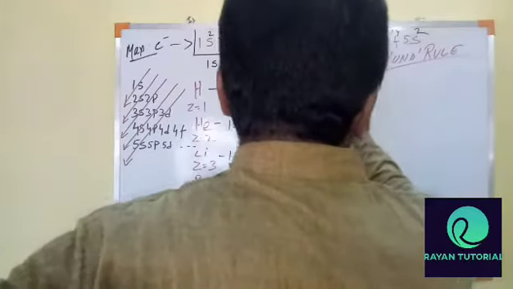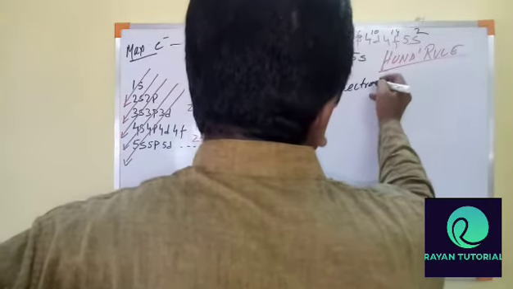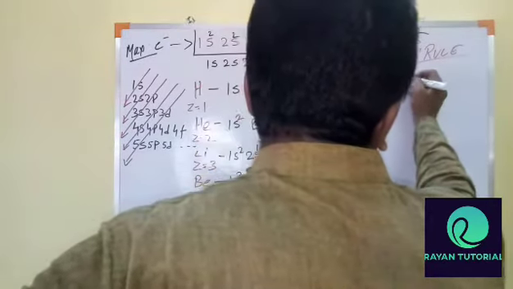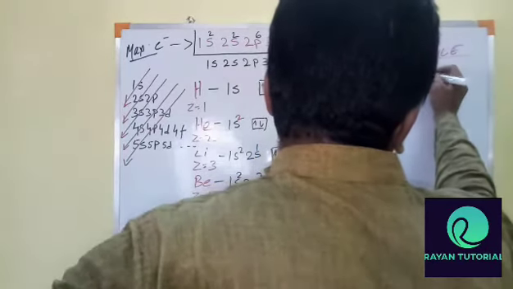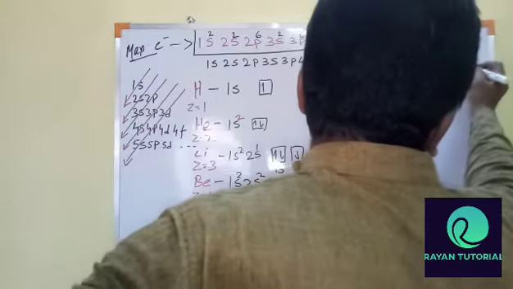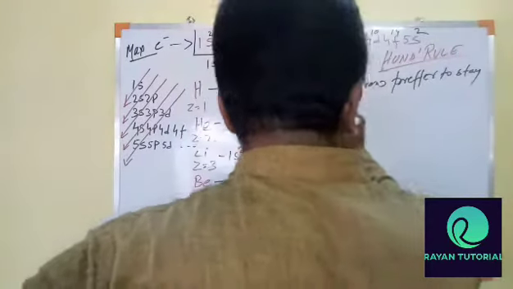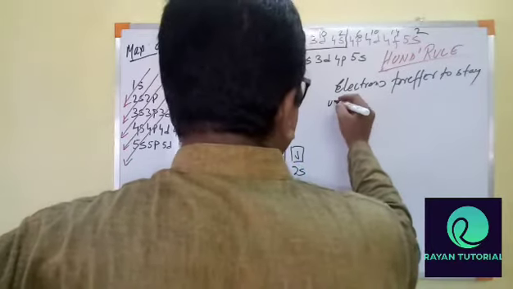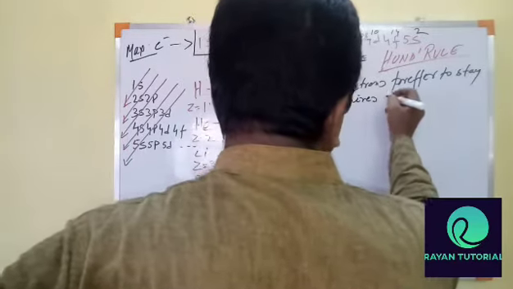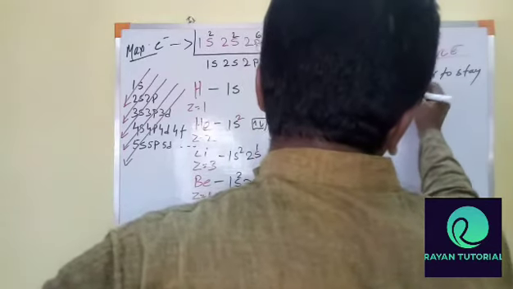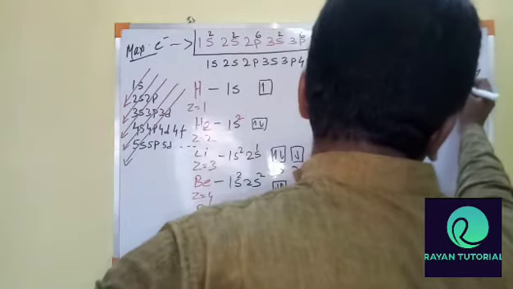Hund's rule states that electrons prefer to stay unpaired as long as possible.